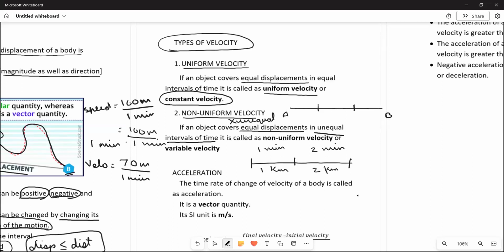But if you look closely and I break this 2 minute time interval into two parts, I can say that it traveled 1 kilometer in 1 minute over here, and again in 1 minute it traveled the same 1 kilometer. So this is again equal displacements in equal intervals of time, which is uniform velocity. So whenever we mention non-uniform velocity, unequal will be used for only one thing: either for displacements or for intervals of time. I hope everything is clear till this point.